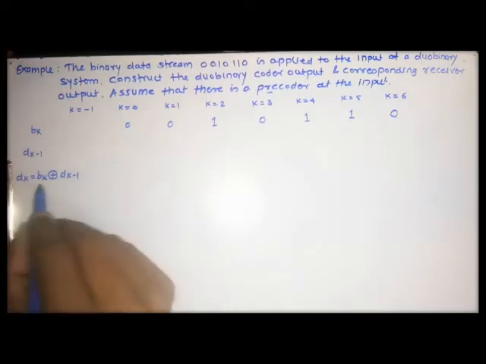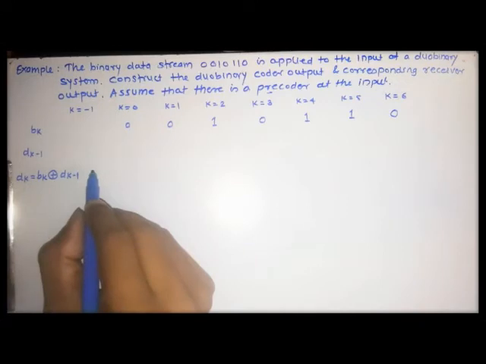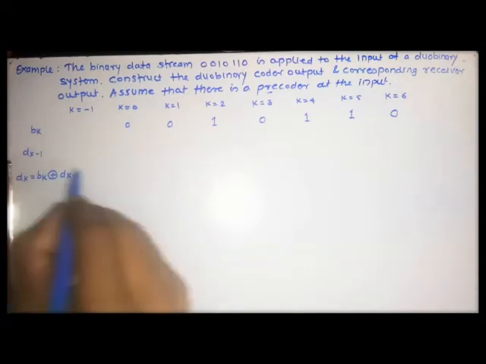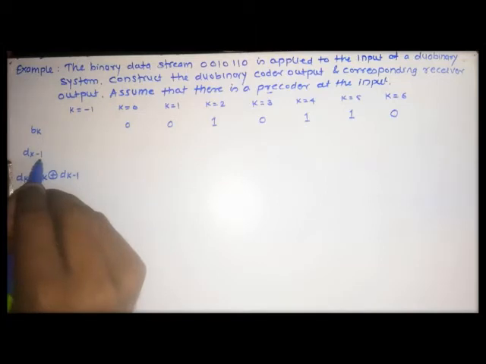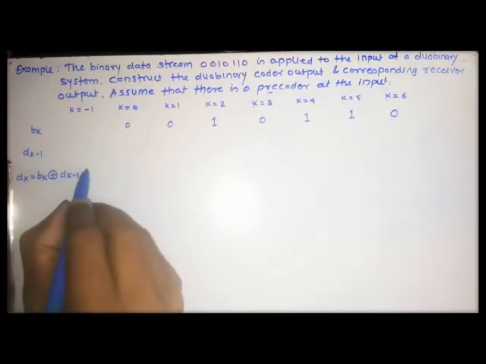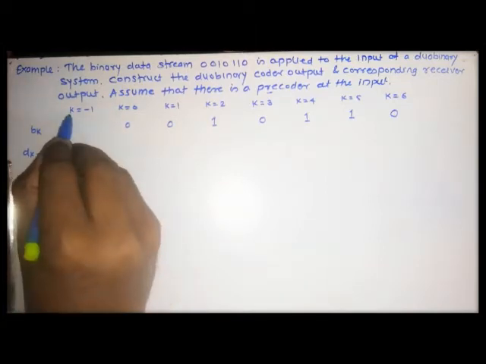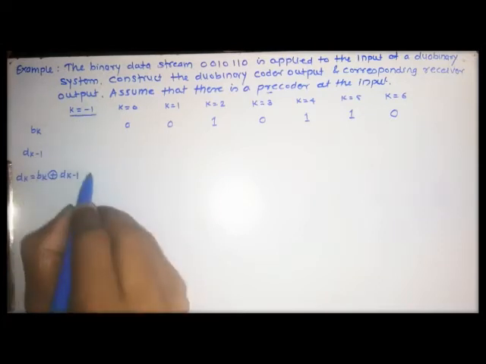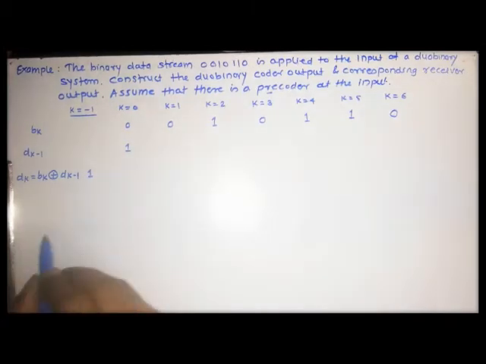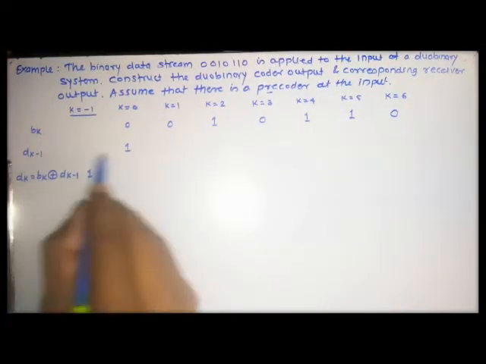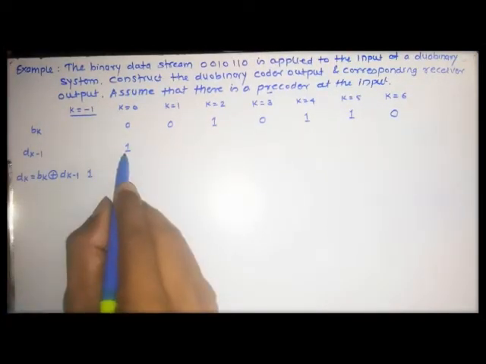Now bk, first we have to assume this dk-1 as 1. So we assume here for k equals -1 this dk bit as 1. Okay, so that's why this dk bit, that is the k-1 bit, is 1.